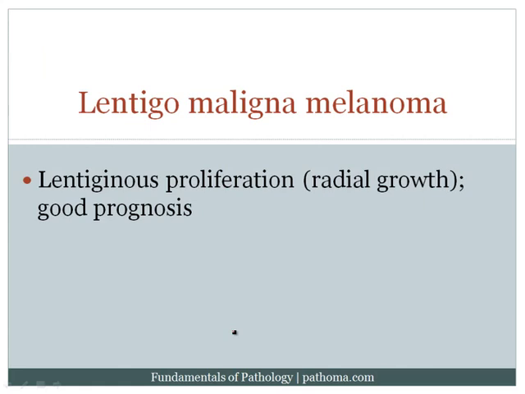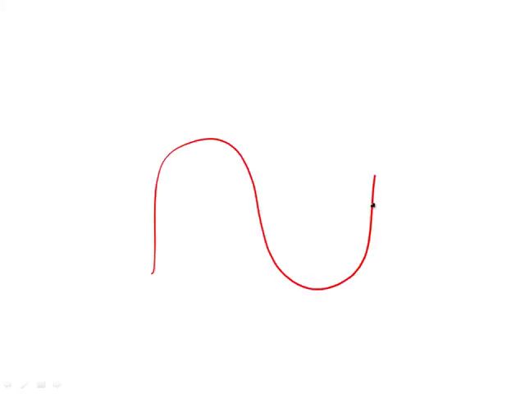Melanoma can be divided into 4 major subtypes. The first is lentigo maligna melanoma, and the idea here is that you've got your epidermal-dermal junction, and in lentigo maligna melanoma, you get a lentiginous proliferation. Lentiginous basically means that you remain along the dermal-epidermal junction.